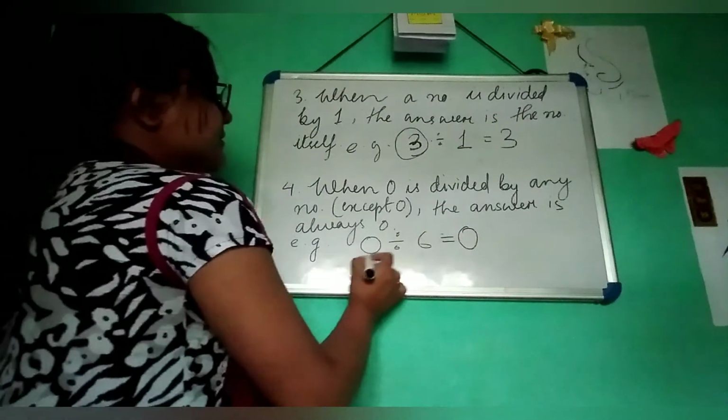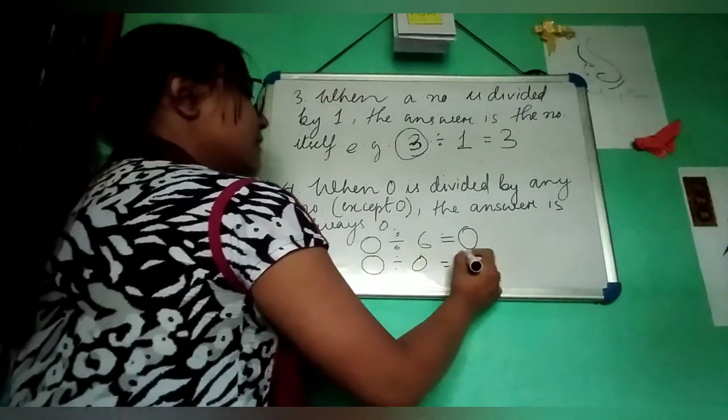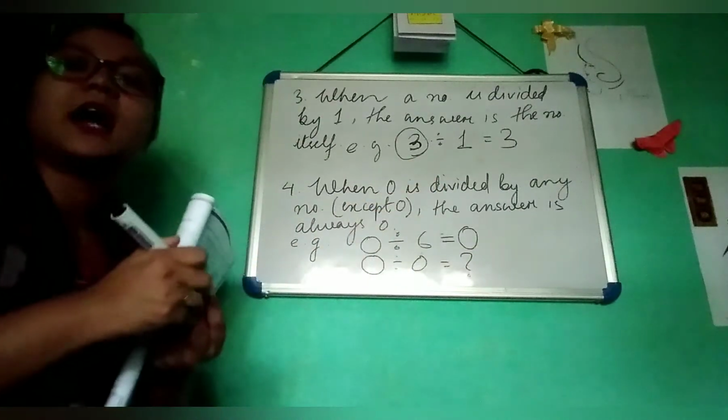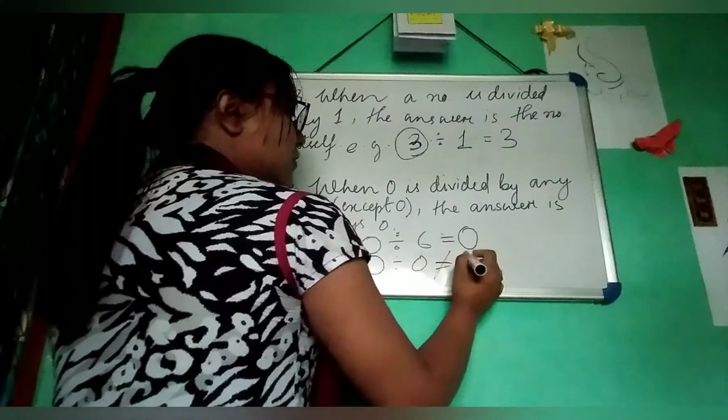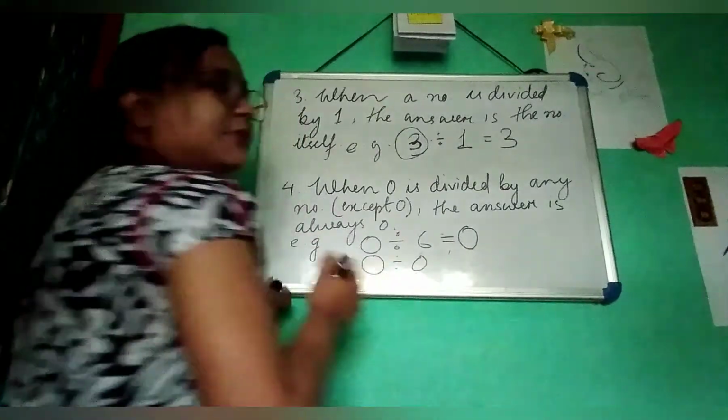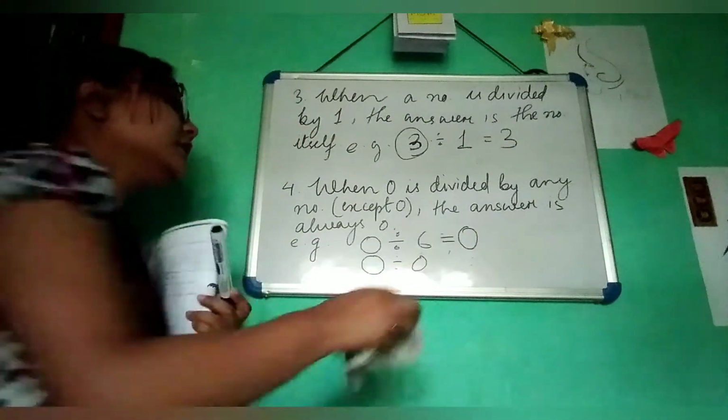But 0 divided by 0 will not be 0. That will be a different answer, which you will learn in higher classes.